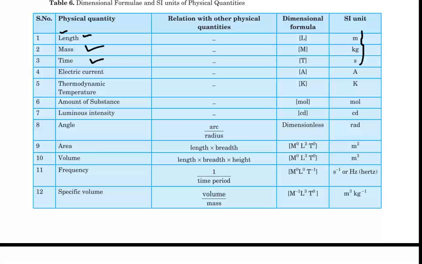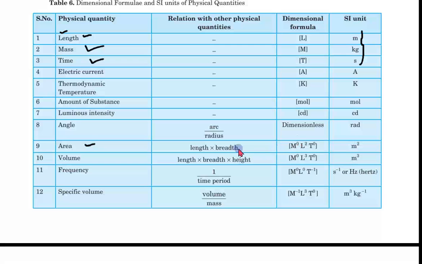Here I'll take area. You have to know it. Area is length into breadth. I've already written, length into breadth is meter into meter, so the unit will be meter square. Here dimensions is M to the power 0, because length and breadth don't have any mass, so mass is 0.